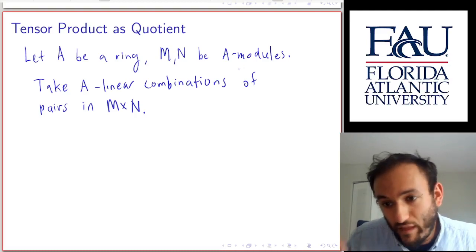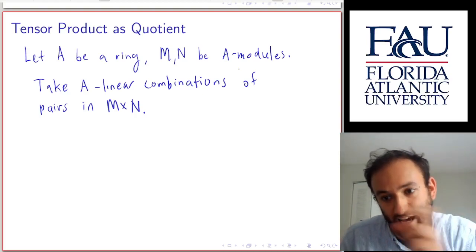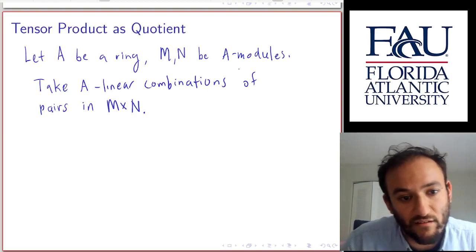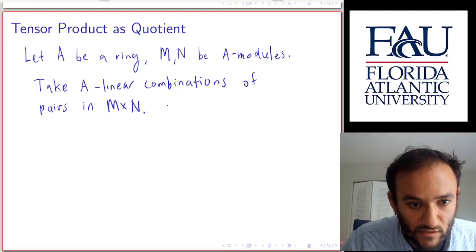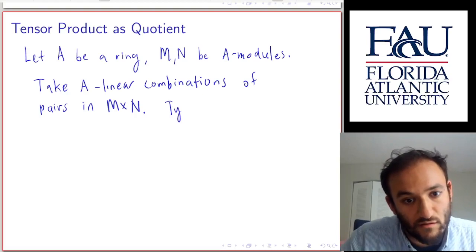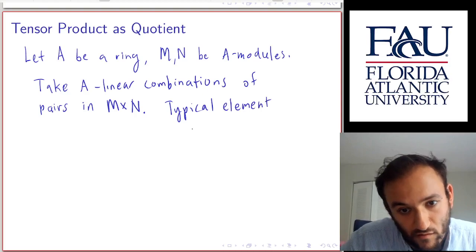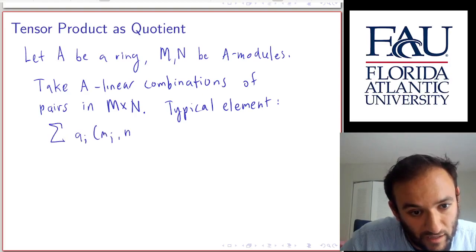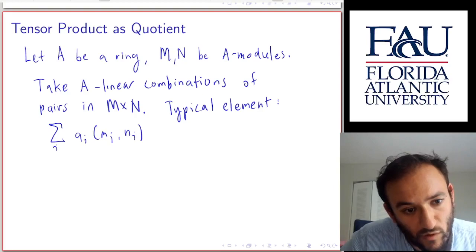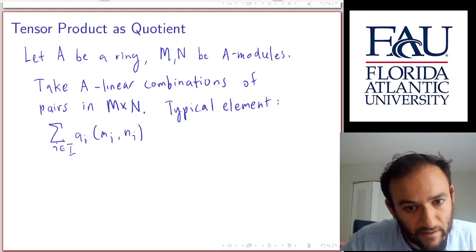You can scale any one of these pairs by an element from the ring, just by kind of formally attaching that element of A to that pair. You can also add them together arbitrarily. So a typical element will be the sum of a_i (m_i, n_i), where i will range over some finite index set.